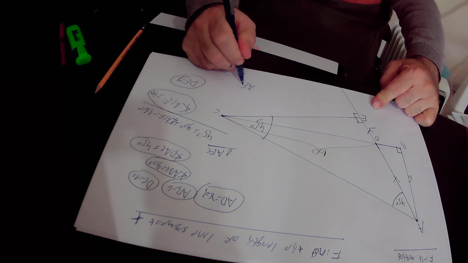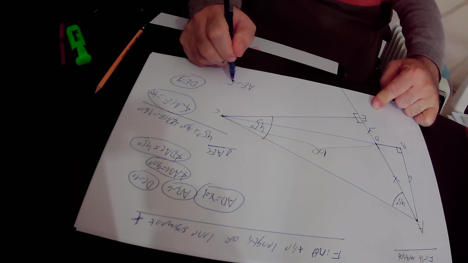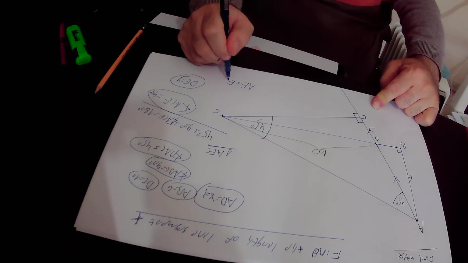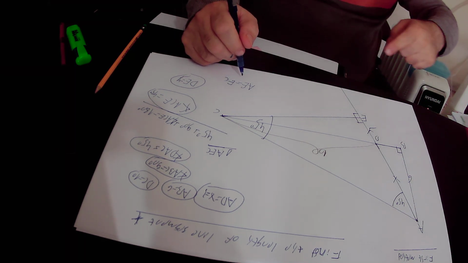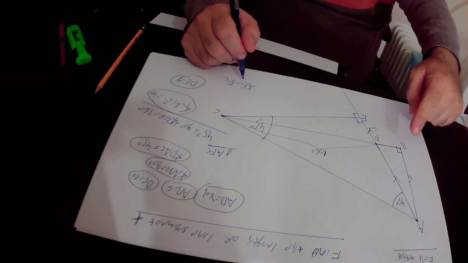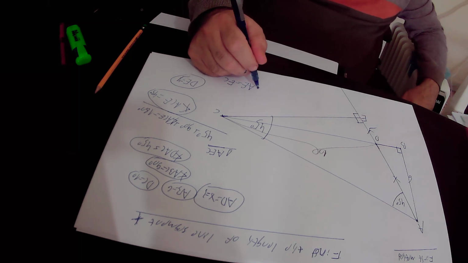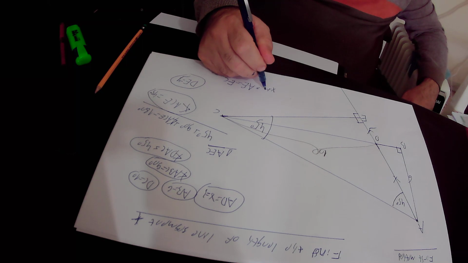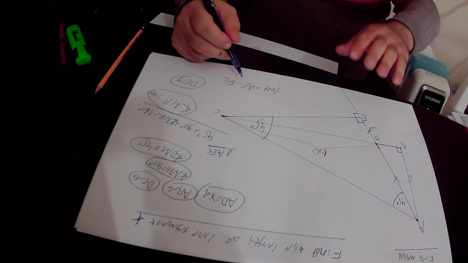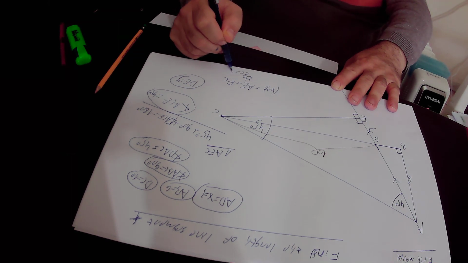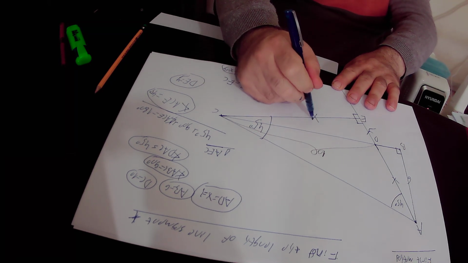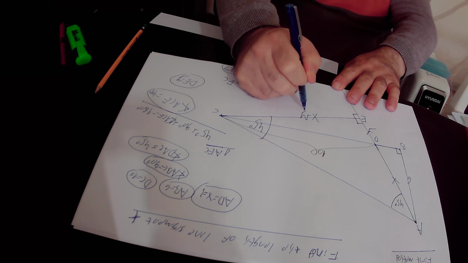But AE equals X plus Y, and from this equation, X plus Y equals AE equals EC, we derive that EC is also equal to X plus Y.